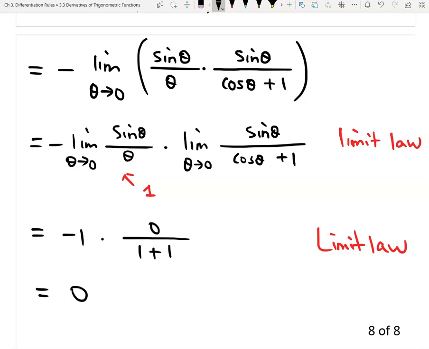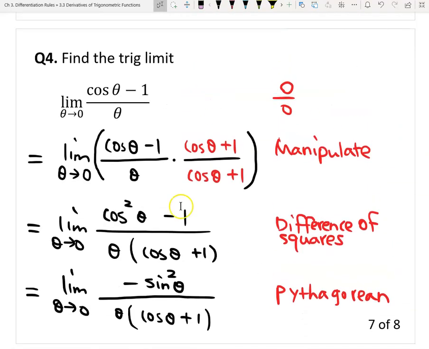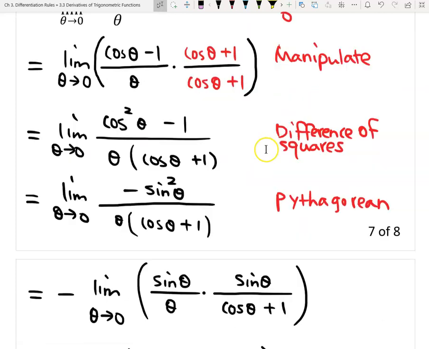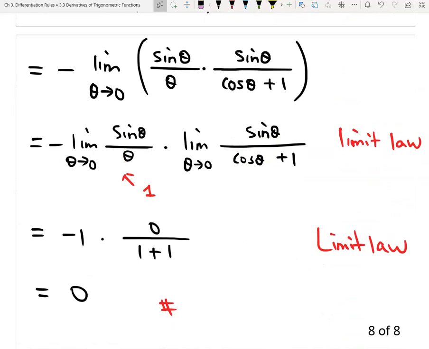Okay, so this is the result for this question. And in the next video we will use this result: the limit of cosine theta minus 1 over theta is 0 as theta approaches 0.